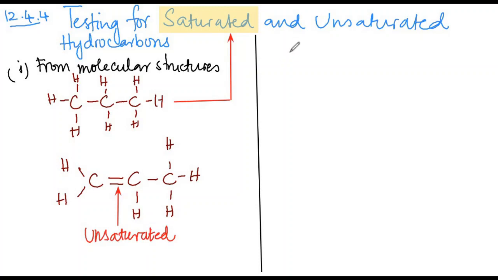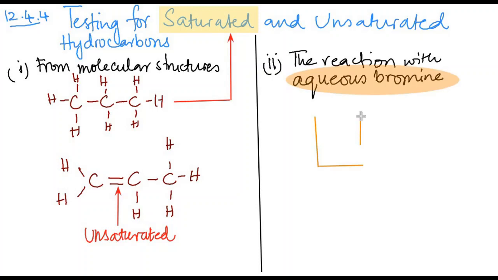Another way with the help of which we can find out whether a molecule is saturated or unsaturated is the use of aqueous bromine, simply called bromine water. So mixing the bromine water with a solution, if it results in the decolorization of the orange color of bromine, that suggests the presence of unsaturation, because only unsaturated compounds can react with bromine.